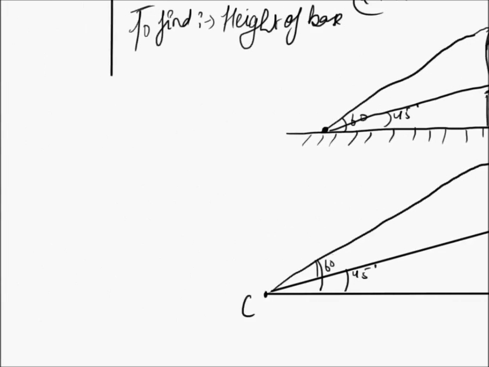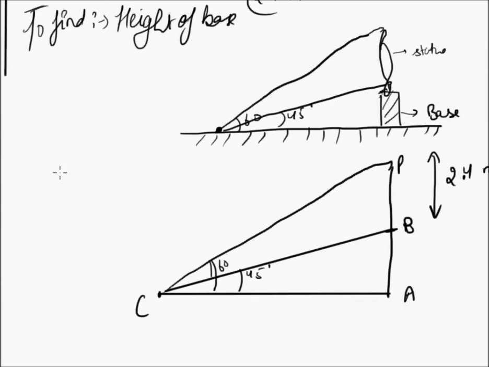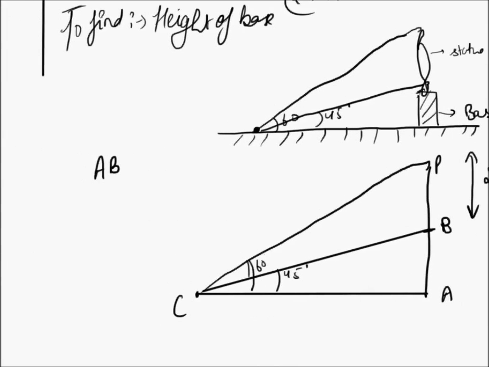So we have to find out AB in simpler terms. How can we do so?